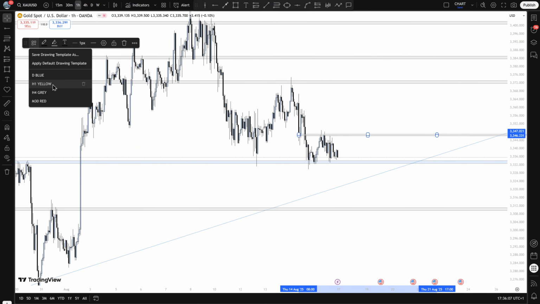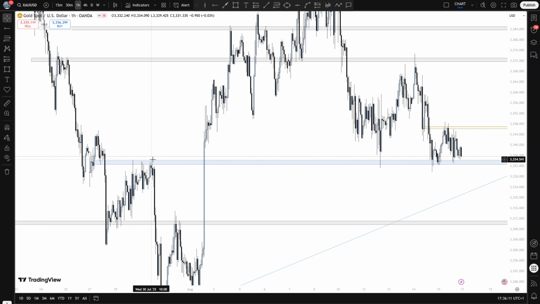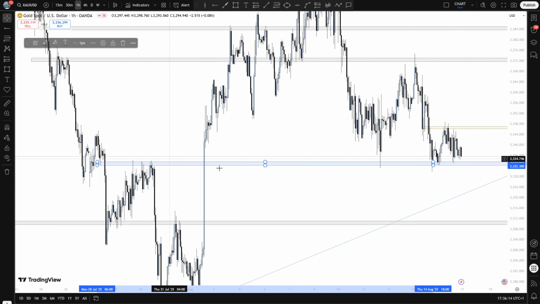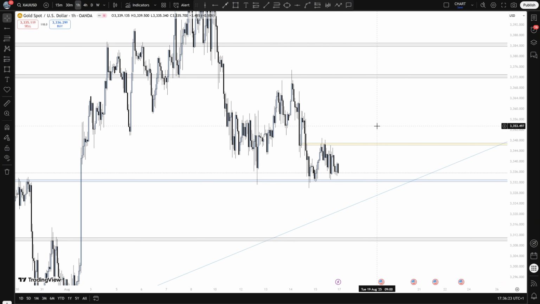I'm also going to change that color to H1 key level and reduce this one a little bit. Okay, reduce it just like this.